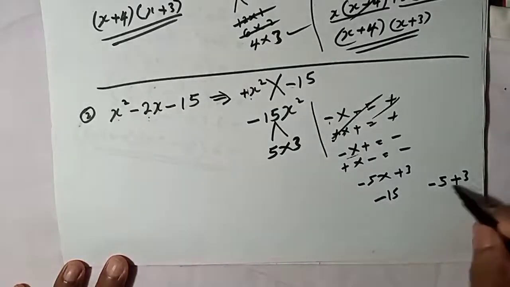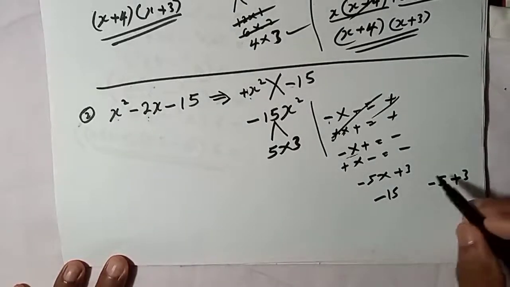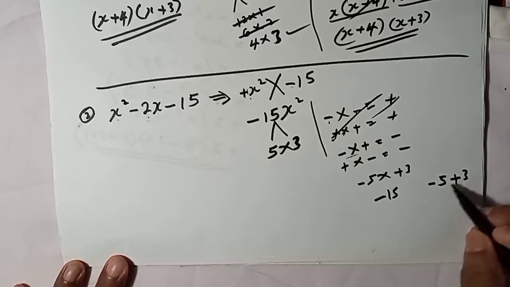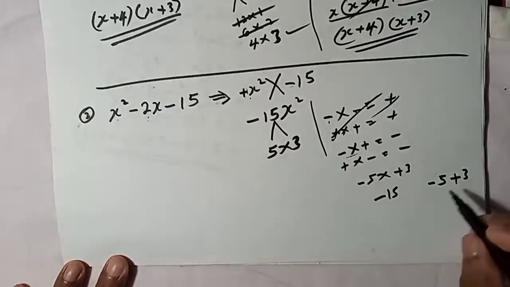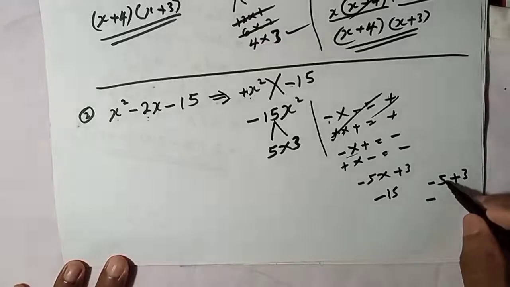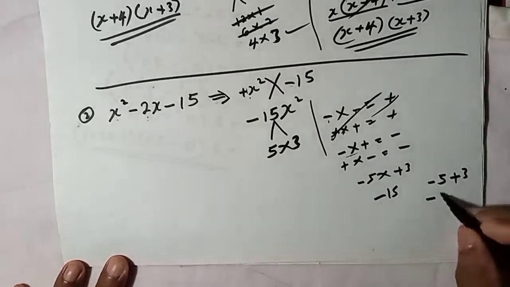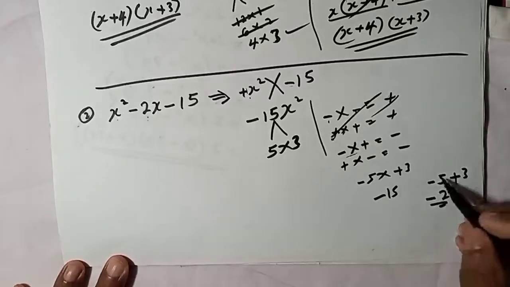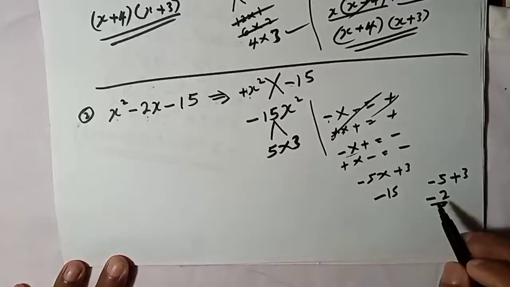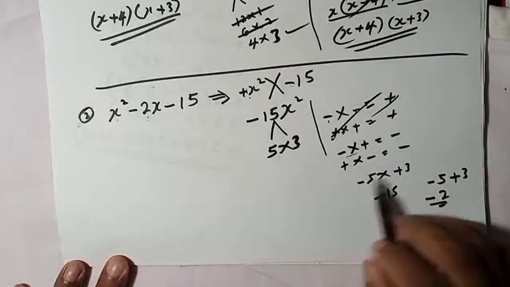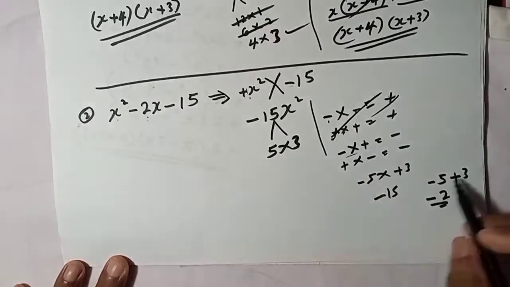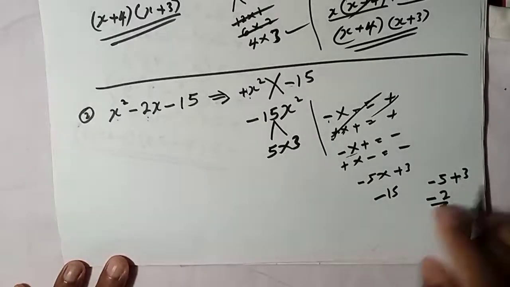When you have different signs, what do we do? Now these are not for multiplication or division. We put the sign of the bigger one, then get the difference. 5 minus 3 means 2. We can get minus 2. So the signs should be minus 5 and plus 3. This is the correct one, not plus here and minus here. This is the correct sign, minus 5 and plus 3.